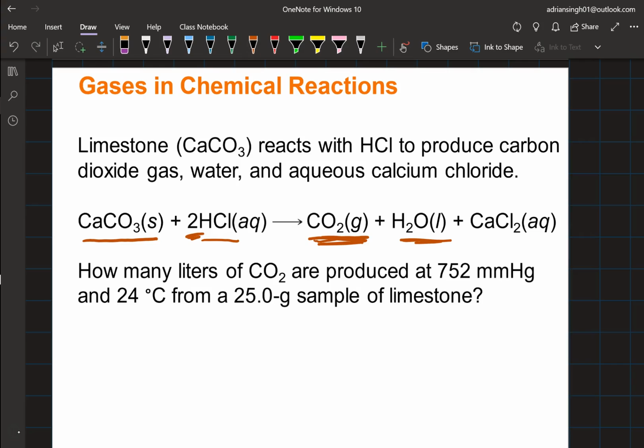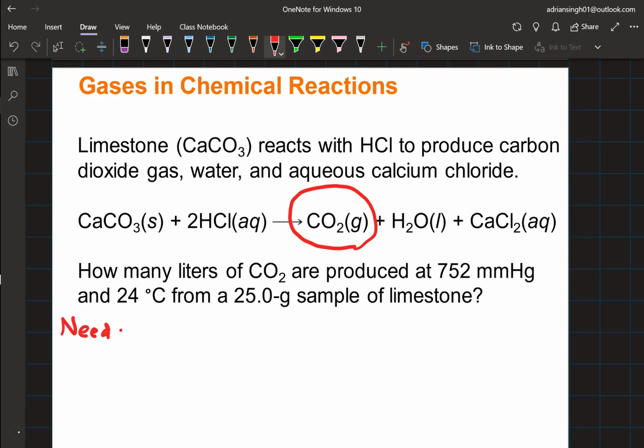So then we're asked how many liters of CO2. This is what we're interested in, the carbon dioxide. We need the volume of CO2 in liters produced, and then we're given some conditions.